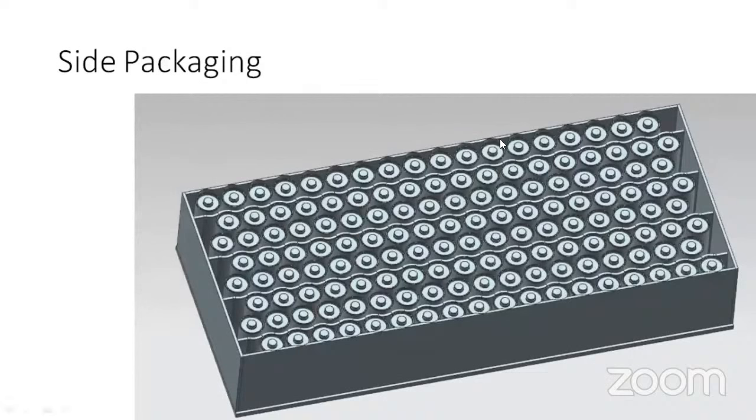Then side packaging is there. You can see there are some cutouts as per the shape of the cell, to give the cells extra holding area and low space requirement.